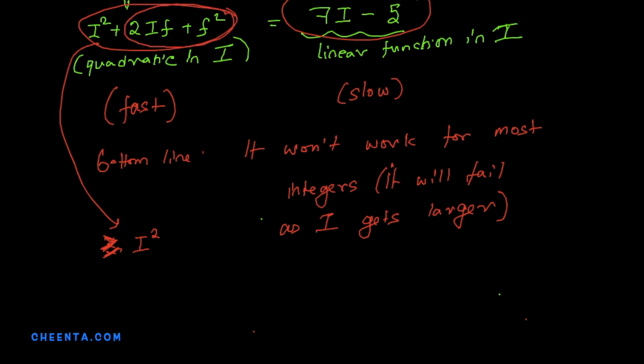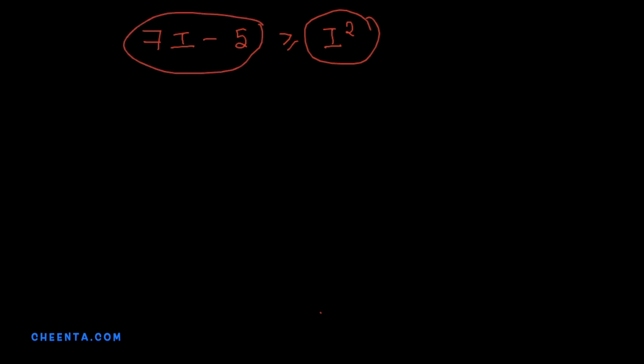Therefore the right hand side, which is equal to the left hand side, must be greater than or equal to I squared. So we have the inequality 7I minus 5 is greater than or equal to I squared. The quadratic is on one side and the linear on the other, so this cannot hold forever. It might hold for some smaller numbers. This is the second hint, end of second hint.